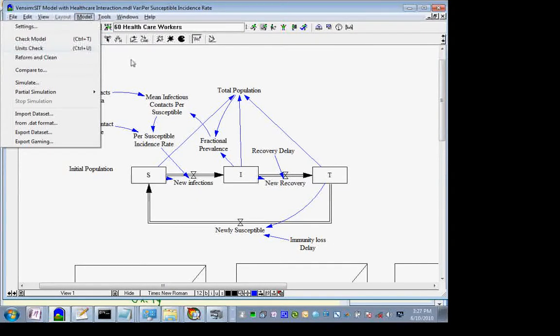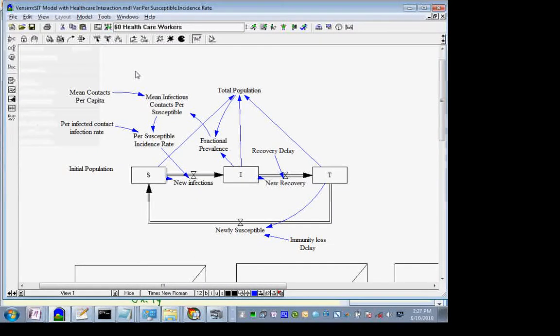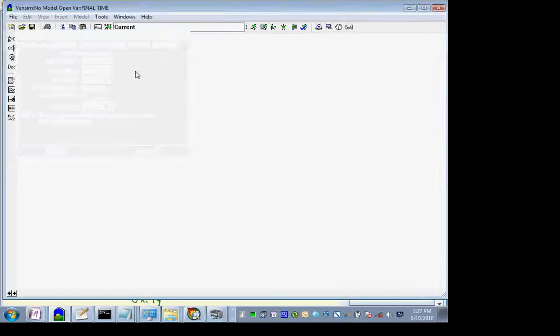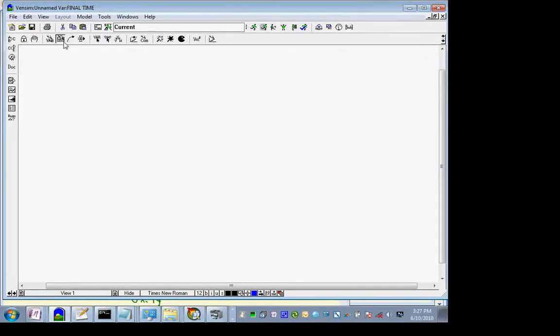I'll show that with a simple model where everything is labeled: population, births, deaths, birth rate, and death rate.